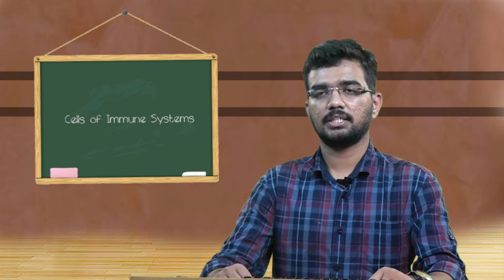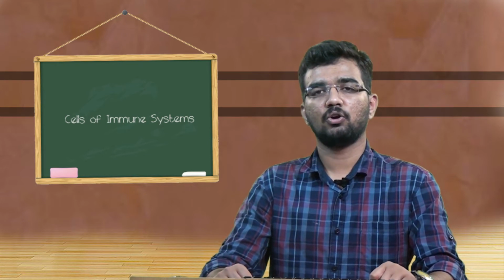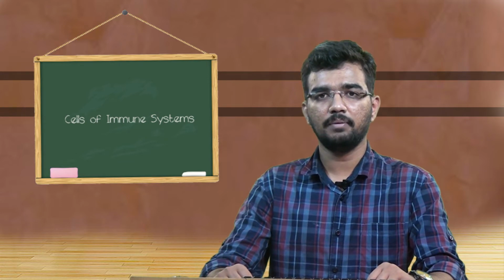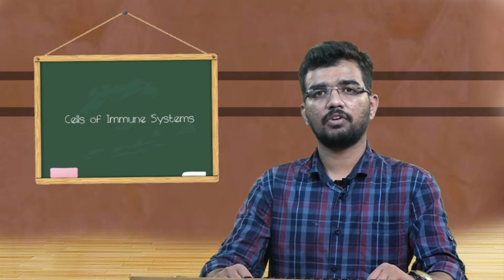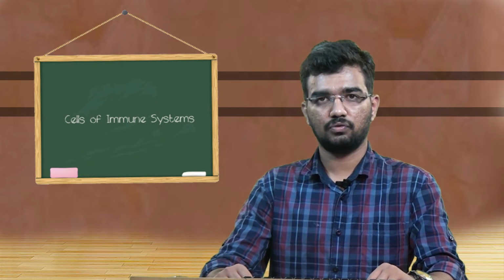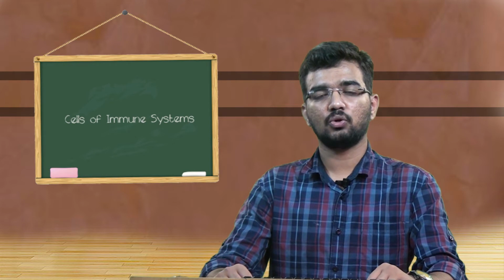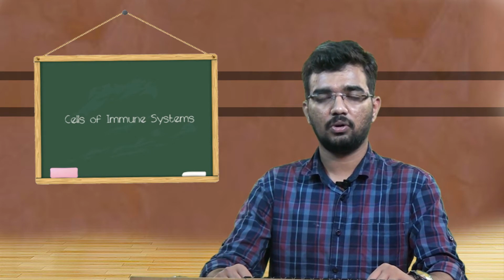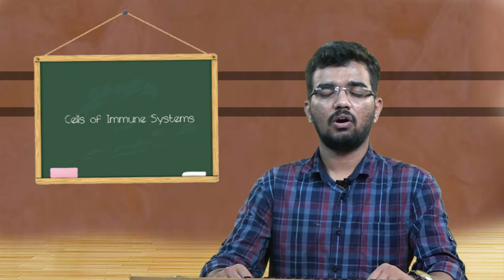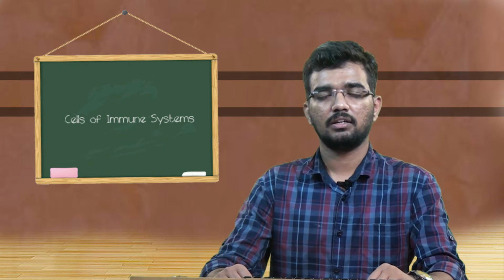After phagocytes, let's consider granulocytes. Granulocytes are some of the basic cells of immunity. There are three types of granulocytes: neutrophils, basophils and eosinophils. Neutrophils are granulocytes which have multi-lobed nuclei. They can be stained by either acidic stain or basic stain.